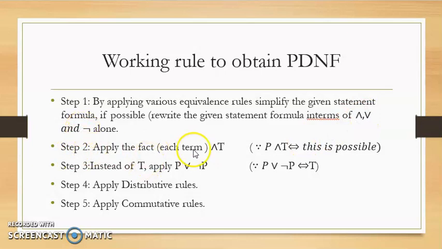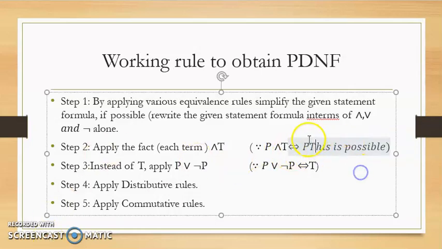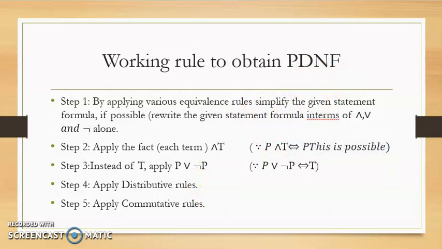Step 2, apply the fact that P and T is equivalent to P. Step 3, instead of T, we replace P or not P, which is equivalent to T. In step 4, by applying distributive rules we simplify, and we can also apply commutative rules in order to bring it to a sum of min terms, which is the required formula for PDNF.